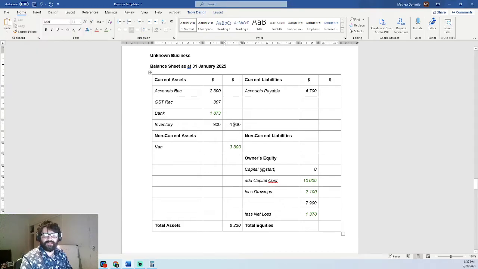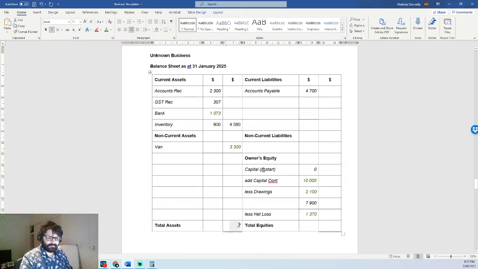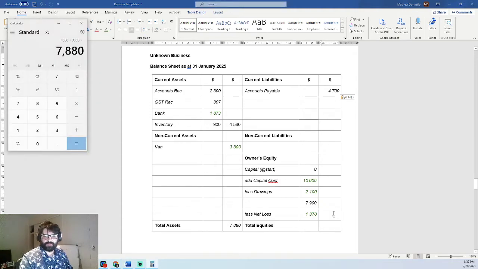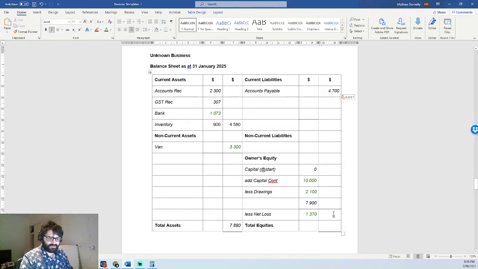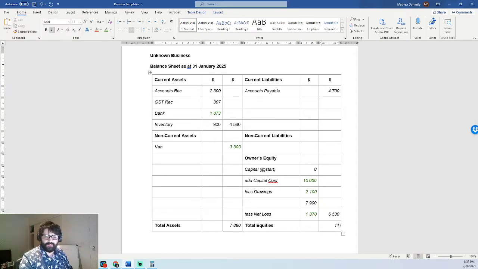900, 4580 plus 3300, 7880. Next, we've got the 4,700 there. Now we need to just get our numbers sorted there. 10,000 minus 2,100 is 7,900 minus 1370 is 6530. 6530 plus 4,700 will be 11230. 11230.